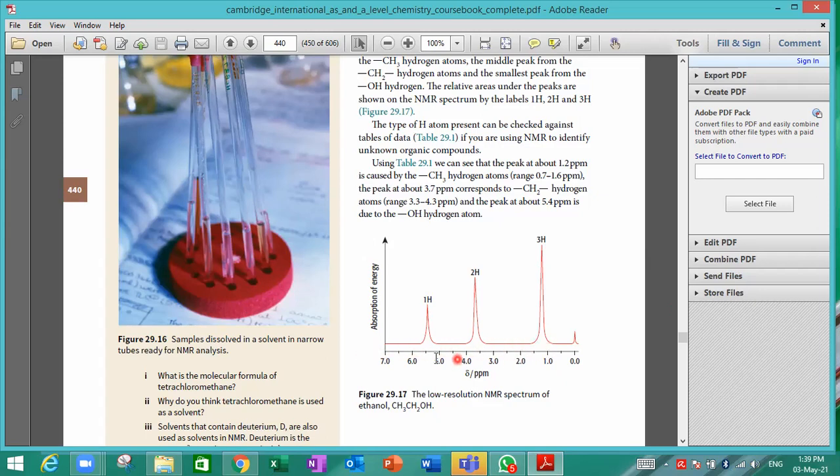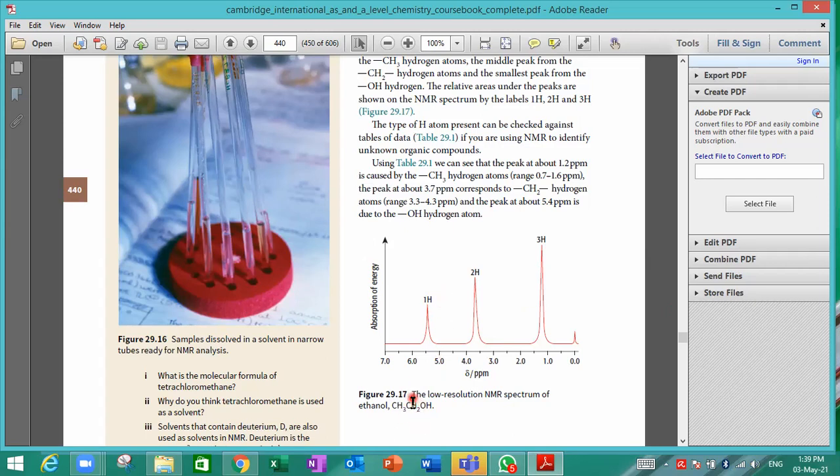They don't appear just anywhere. We have a table in the data booklet that shows us if we have a CH3 group, then it will appear in the proton NMR spectrum in the range from 0.7 to 1.66 parts per million. It will appear in this range if we have a CH3 that is bonded to CH2, like in this example.